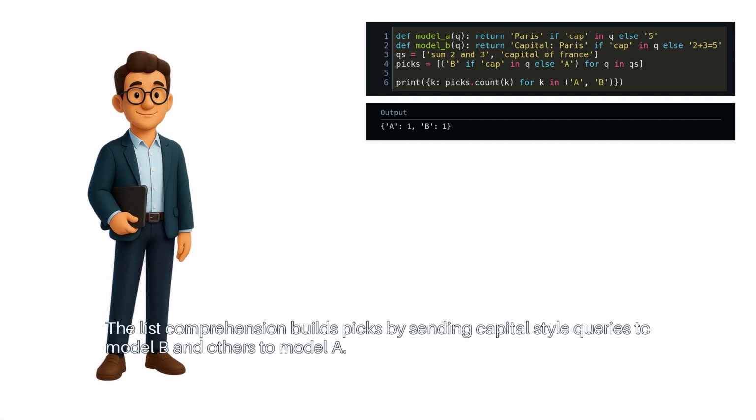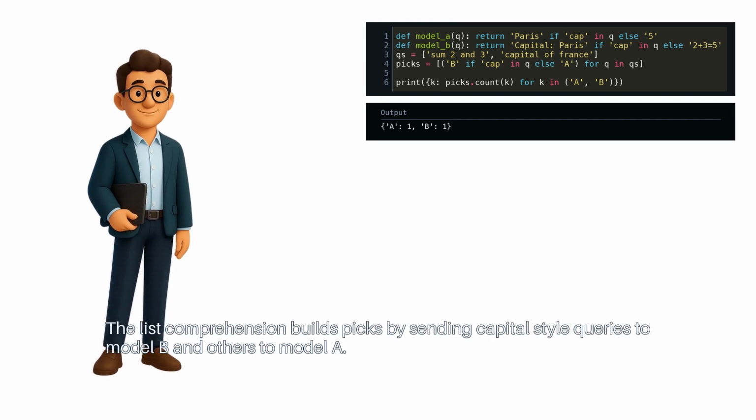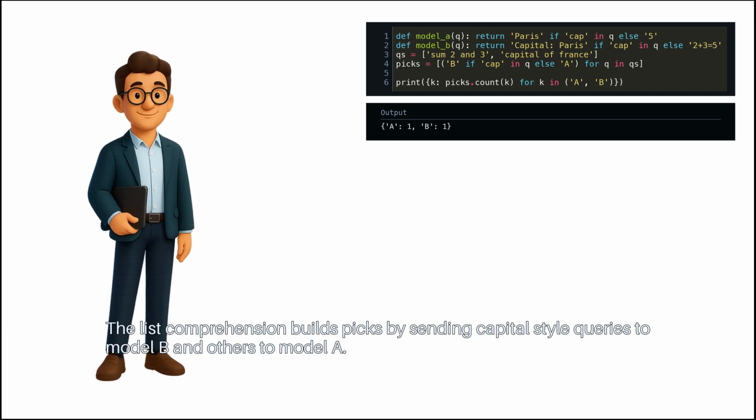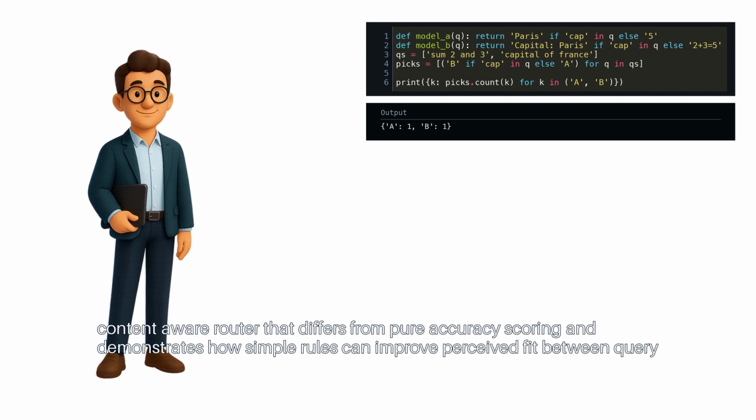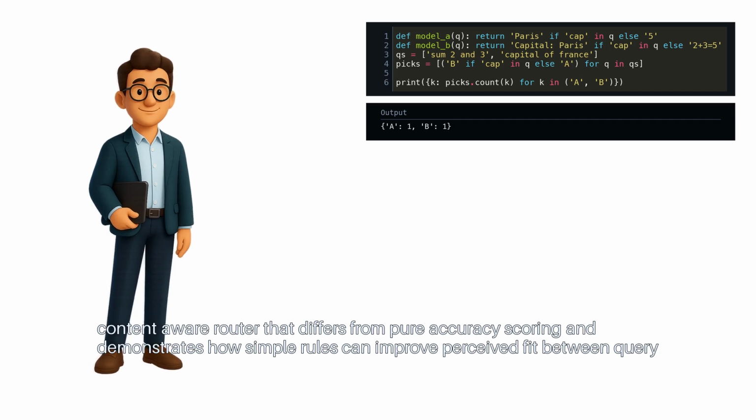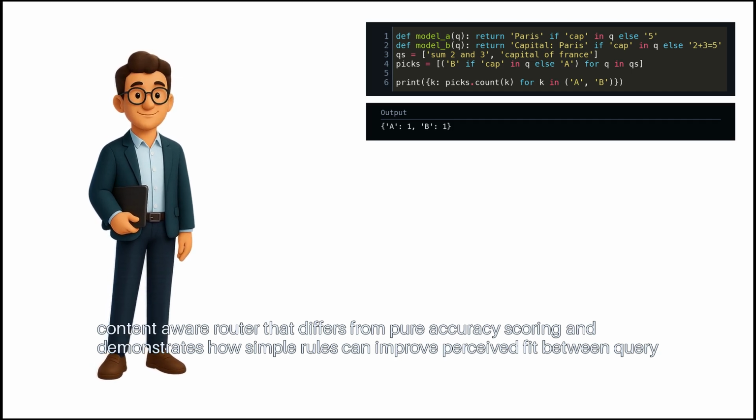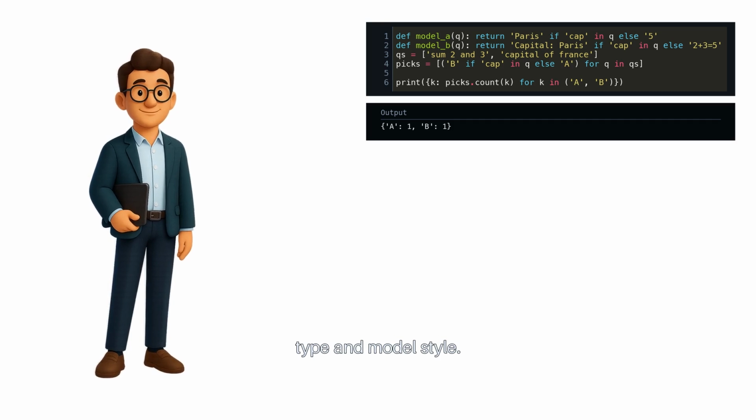The list comprehension builds picks by sending capital-style queries to Model B and others to Model A. This shows a basic, content-aware router that differs from pure accuracy scoring and demonstrates how simple rules can improve perceived fit between query type and model style.